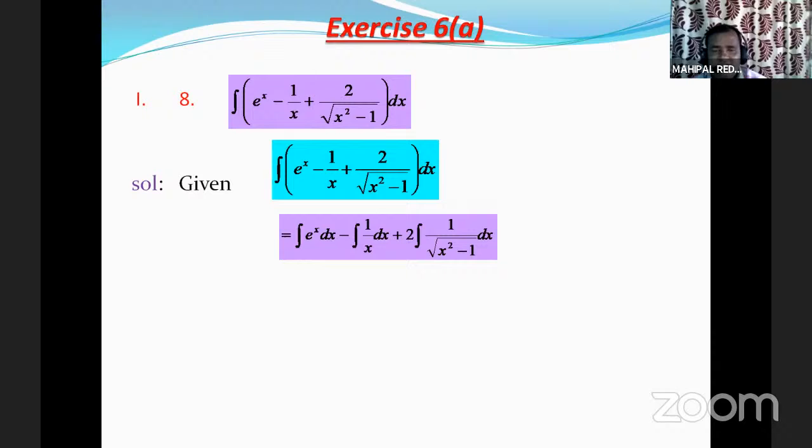So again, I'm writing the individual integrations: integration of e power x dx minus integration of 1 by x dx plus 2 into integration of 1 by under root of x squared minus 1 dx. But we know that integration of 1 by under root of x squared minus 1 dx equals cosh inverse of x plus c, or it can also be written as log of x plus under root of x squared minus 1.